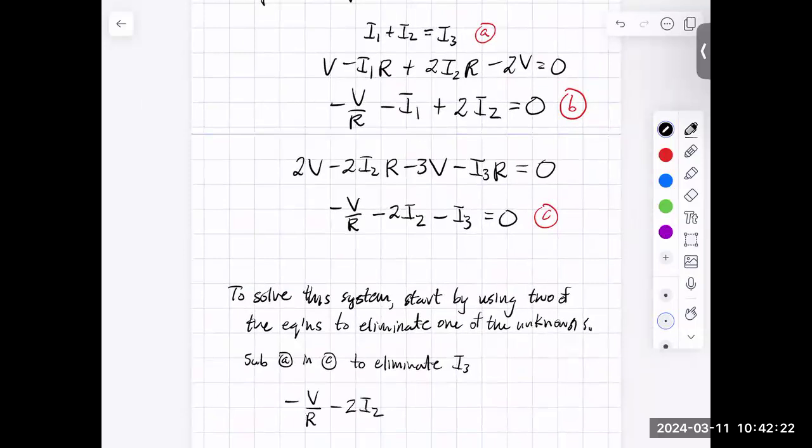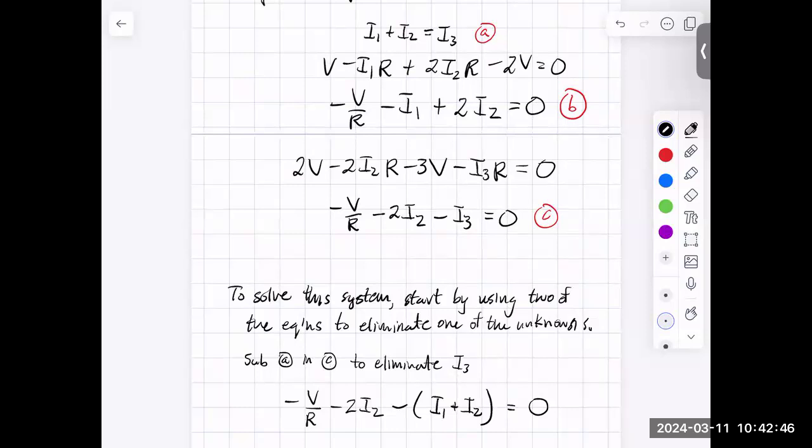I just wrote down the first 2 terms, nothing else. And then we have minus I3. But I'm going to try to get rid of I3, and I'm going to use equation A to do that. I3 is equal to I1 plus I2. And so we have minus (I1 plus I2), and that has to be equal to 0.